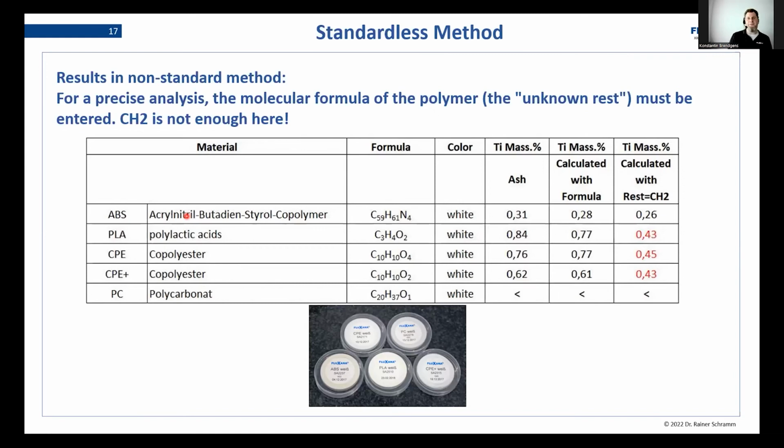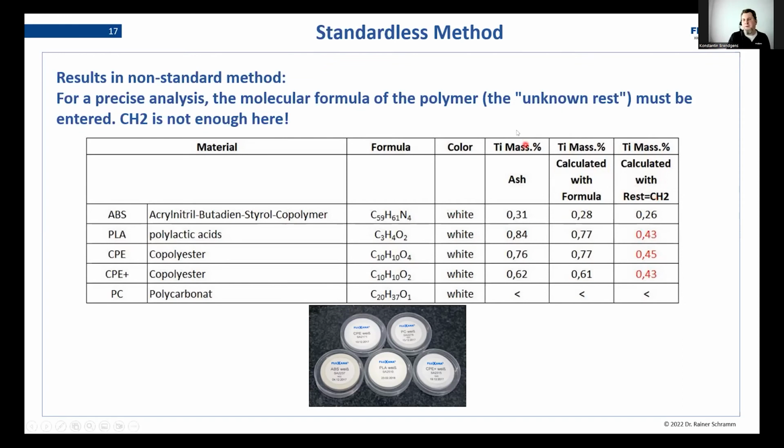Speaking about the standardless method, just to give you an idea, we did some tests here. These are basically the same polymers that we showed the Compton peaks of before. We used the same software, and we wanted to have our titanium calculated with the exact formula of the polymer. The other calculation was done where we simply said the rest is CH2, basically oil.